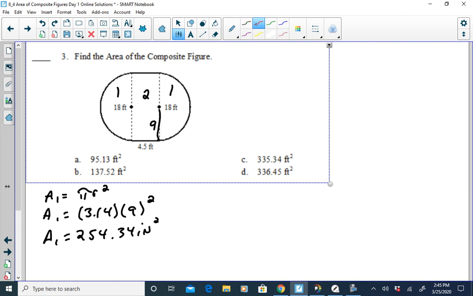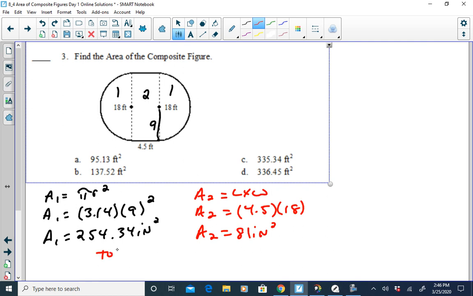And then let's do area 2. Area 2 is a rectangle, so that's going to be L times W. Area 2 is going to be equal to 4.5 times 18, and we wound up with 81. Those are square inches. Now we need that total area, so we're going to have to add these two numbers.